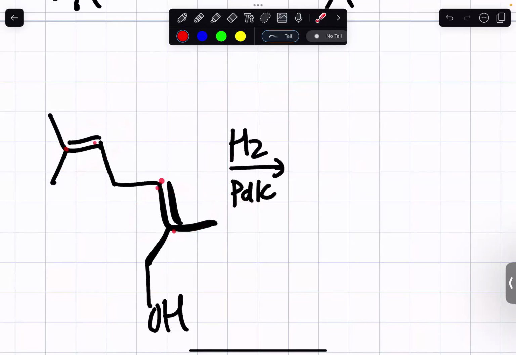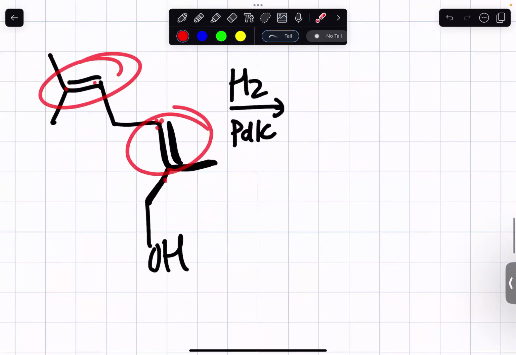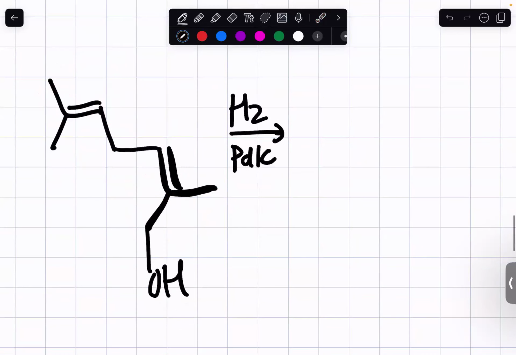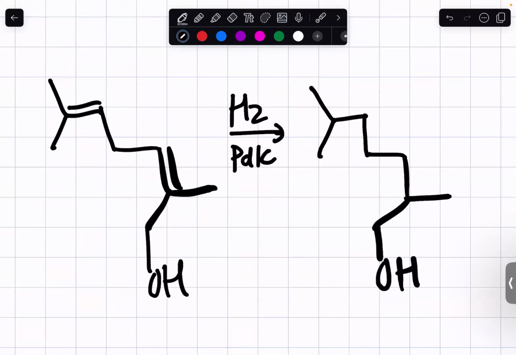They will reduce or hydrogenate all of the alkenes. So what we could do is just get rid of all of the alkenes like that. What happened to the alkenes? Like what got added and what got removed? Added hydrogen. Yeah, the hydrogens on all of the alkene carbons gained a hydrogen atom.